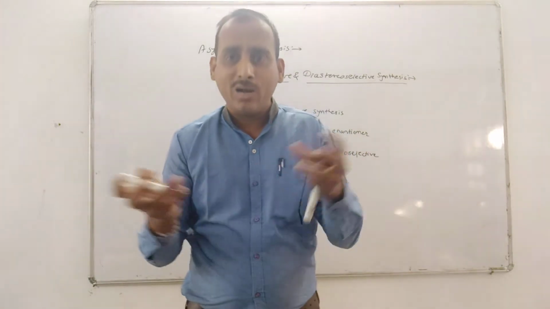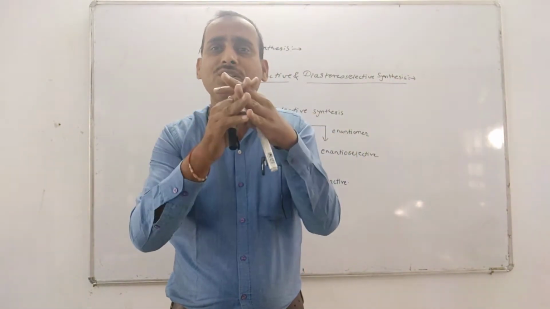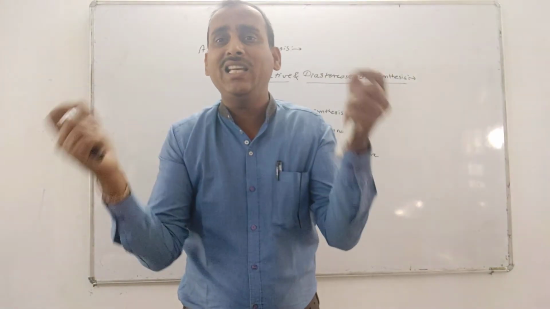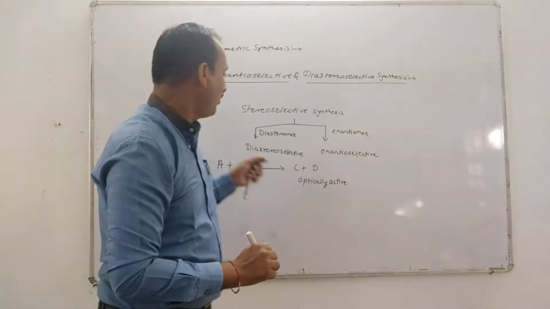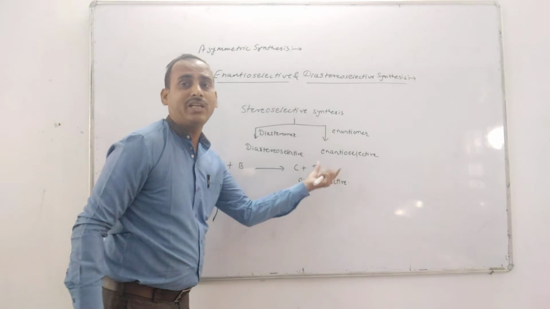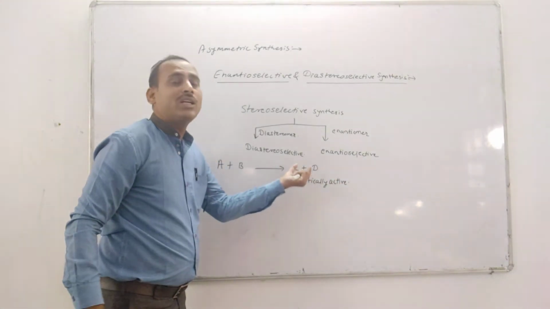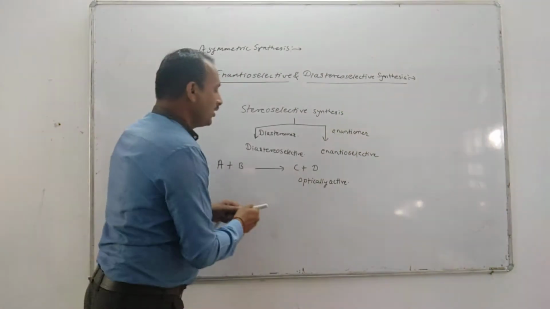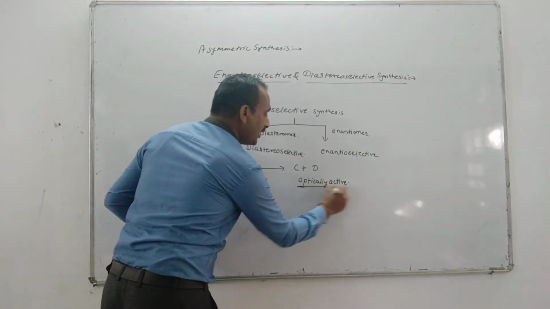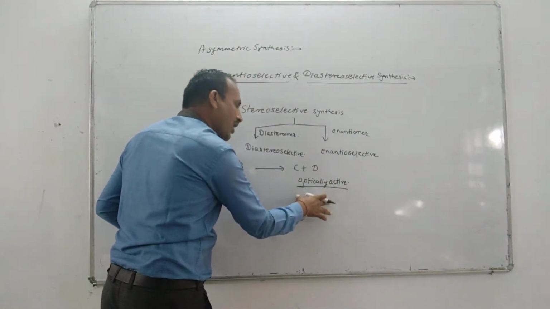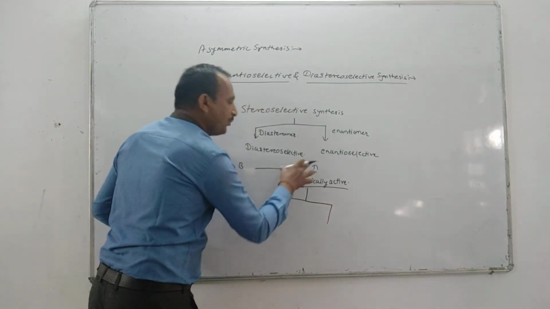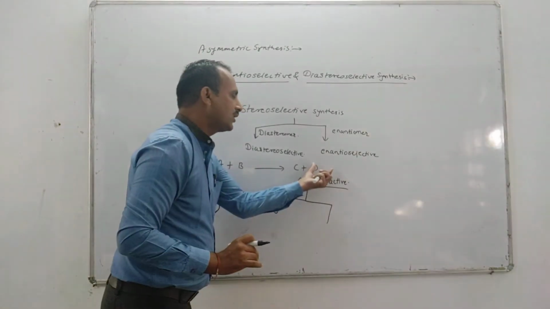Then their opposite configurations cancel each other, and this mixture is optically inactive. But the product we got here is optically active, which means one of the products, C or D, is in excess.